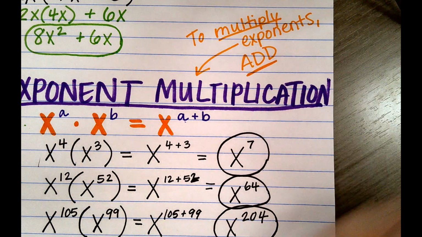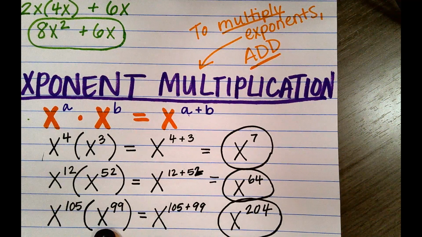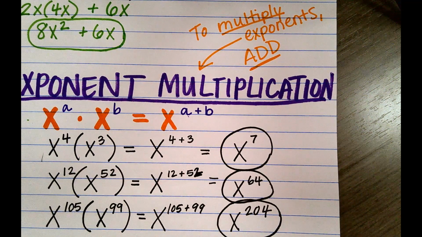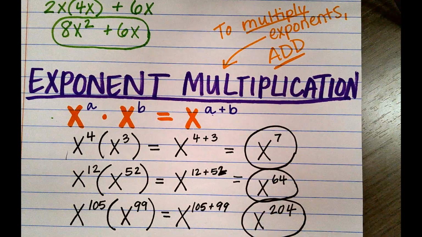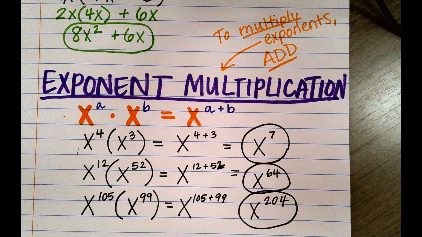Add the little numbers together. All right. I see a few people still writing. I will wait a minute and let everybody get caught up on that. And then one more. We're going to talk about exponent division next.